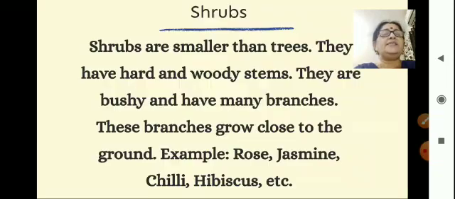Now let us see the next one, shrubs. Shrubs are smaller than trees. They have hard and woody stems. They are bushy and have many branches. These branches grow close to the ground.